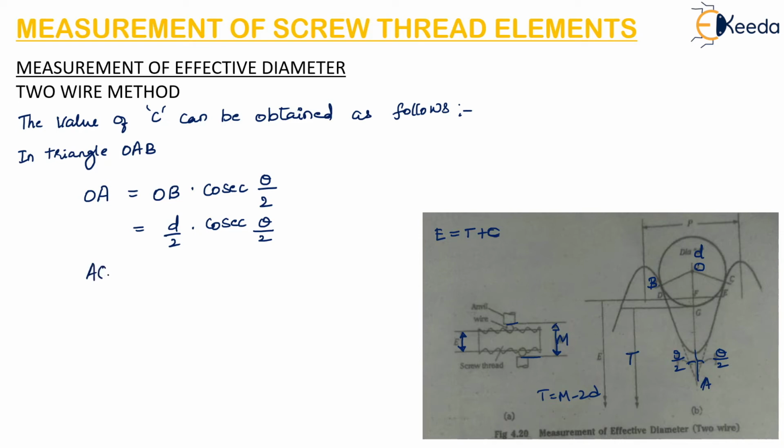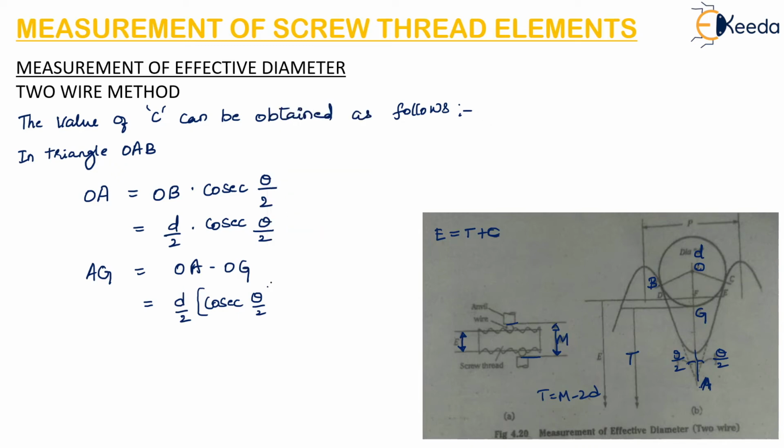And the value of AG can be written as OA minus OG. If you subtract OG from OA, we will get the value AG. Now OA is d by 2 into cosec of theta by 2.